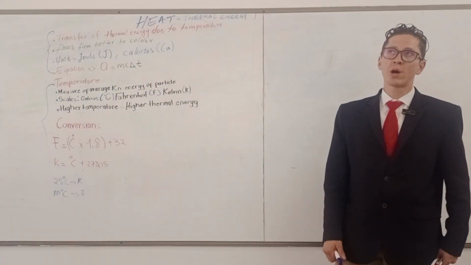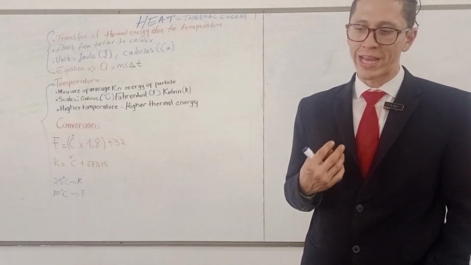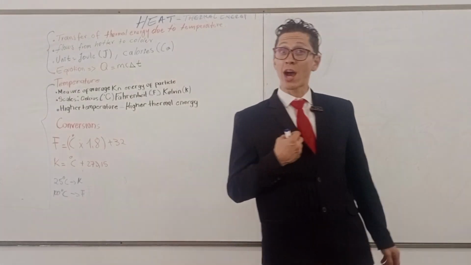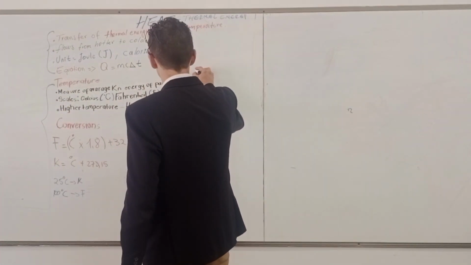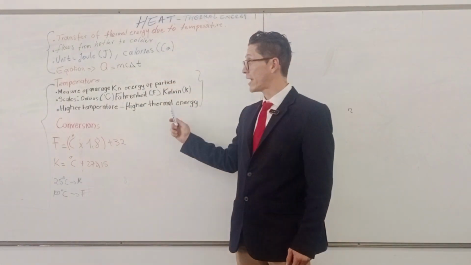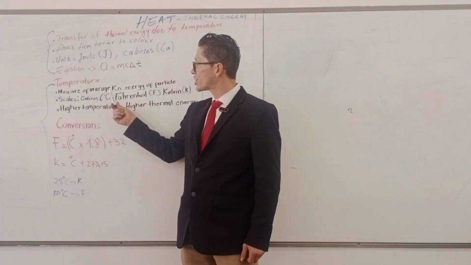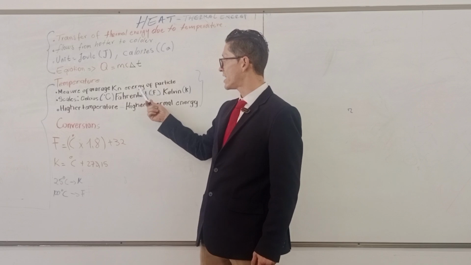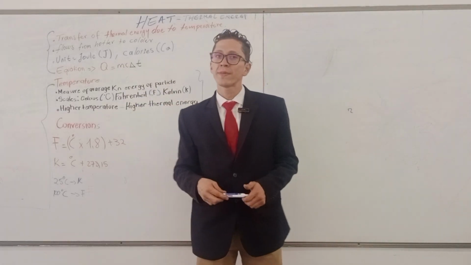Now we were talking about temperature. It is always related to how much kinetic energy we have in my system or in my object. That's why temperature is the measure of the average kinetic energy of particles.